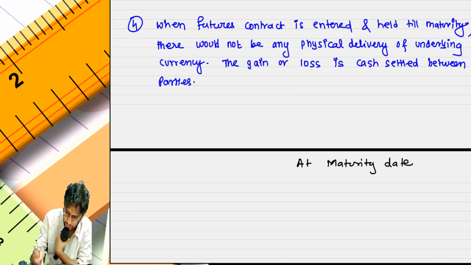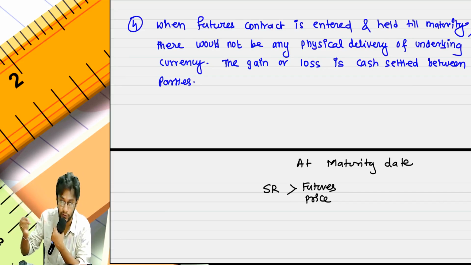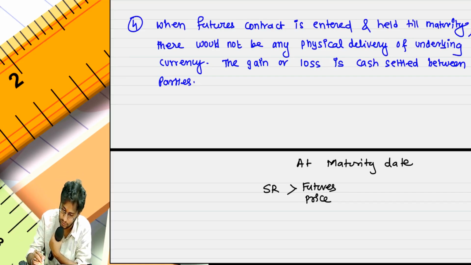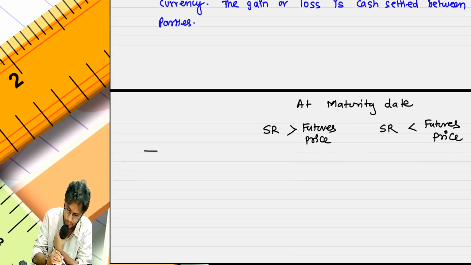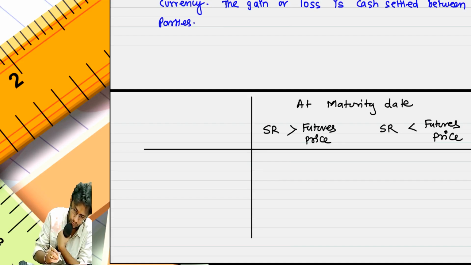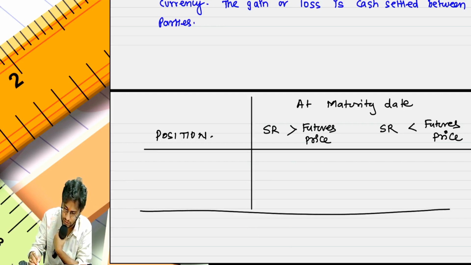At maturity date, spot rate greater than... Actually these are the spot rates on the maturity date, but if I use the word future, you may get confused with futures. Copy this. Same point only, the gain or loss statement.